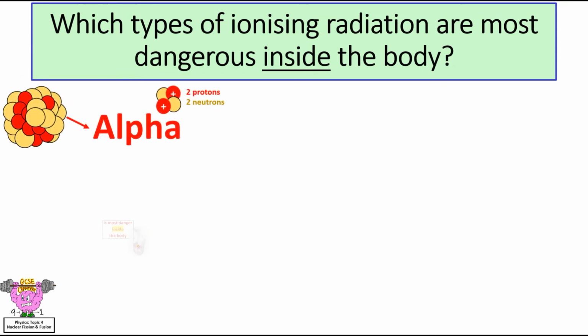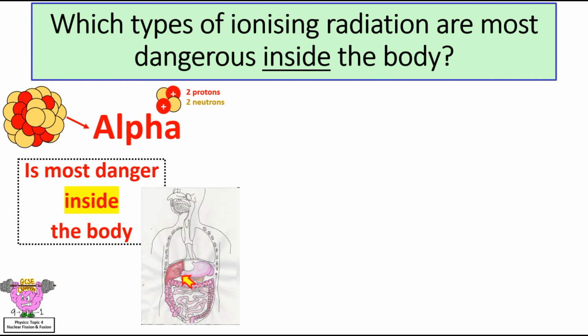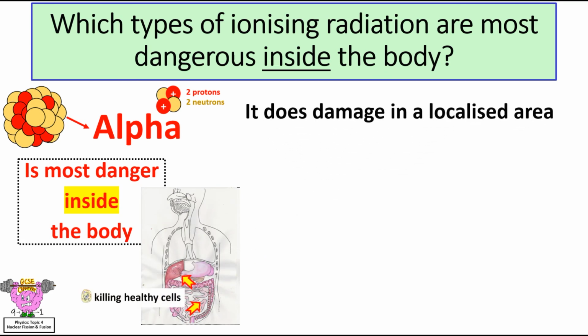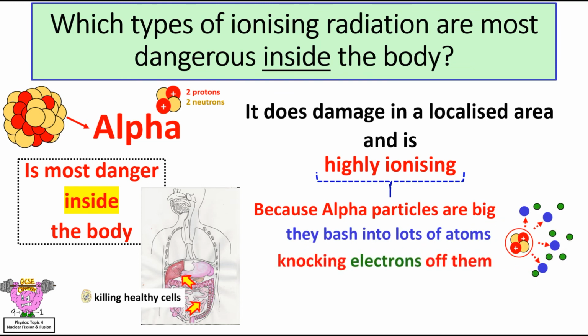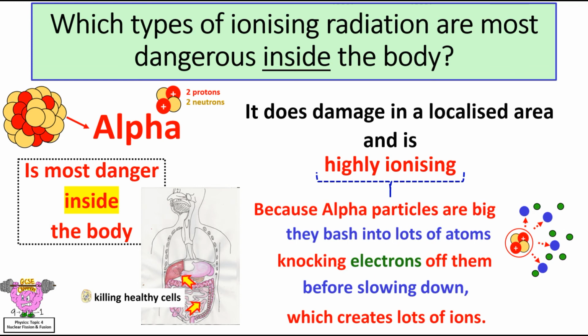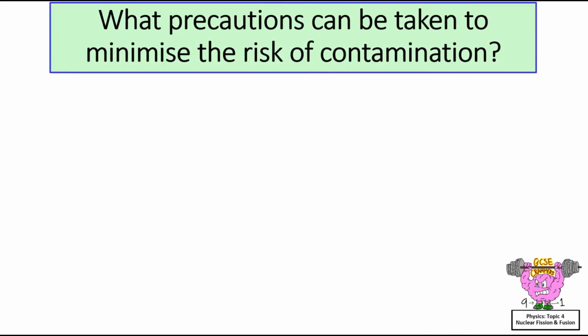Alpha is most dangerous inside the body. It does damage in a localized area, killing healthy cells, and is highly ionising. Because alpha particles are big, they bash into lots of atoms, knocking electrons off them, before slowing down, which creates lots of ions.